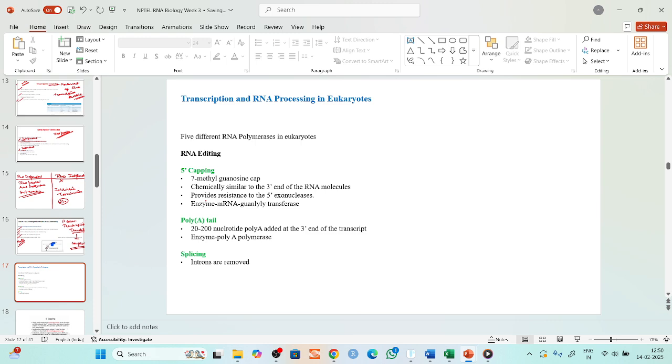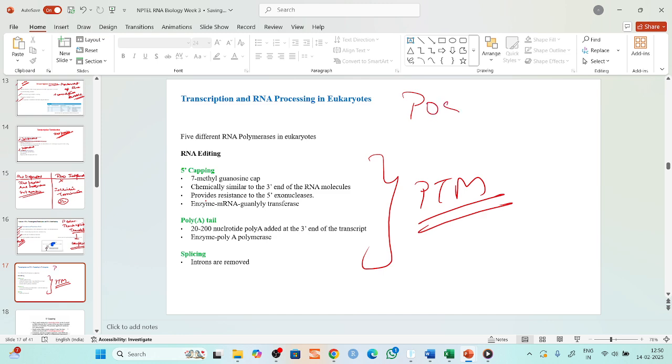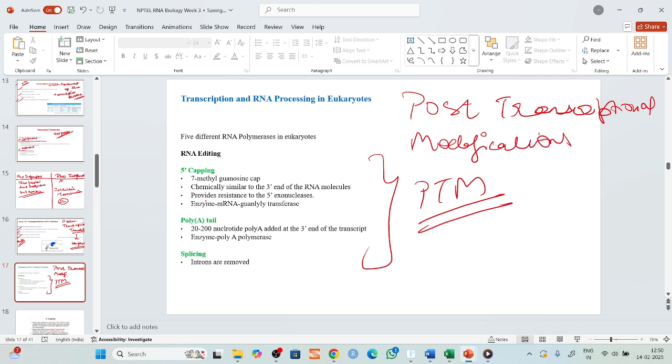These three processes are your PTM. What is the meaning of PTM? Post transcriptional modifications, and these are capping, poly A tail, and splicing.